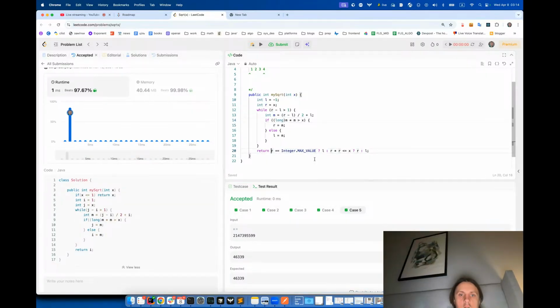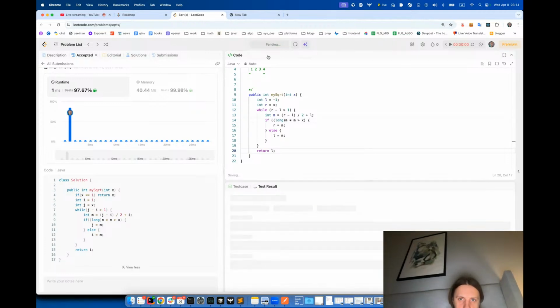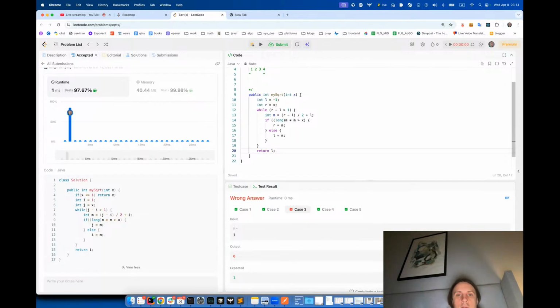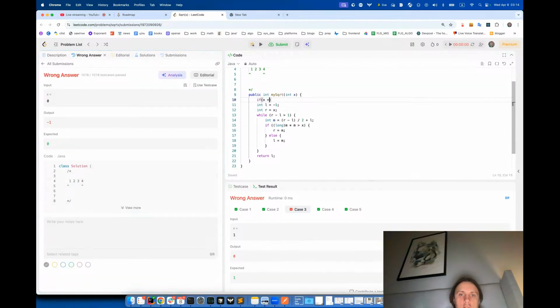And here it should be L. And here, like in each case, if x is equal to 0, then we return 1, or equal to 1.